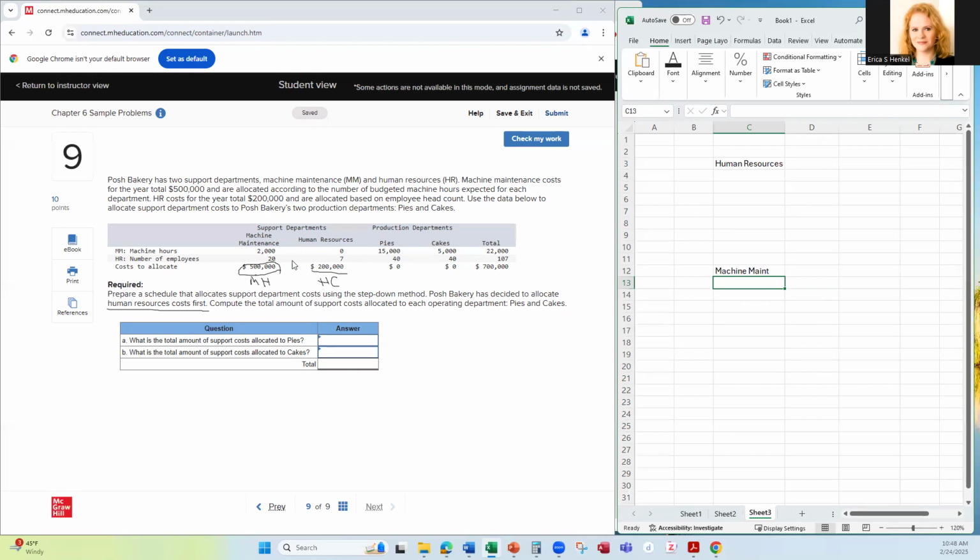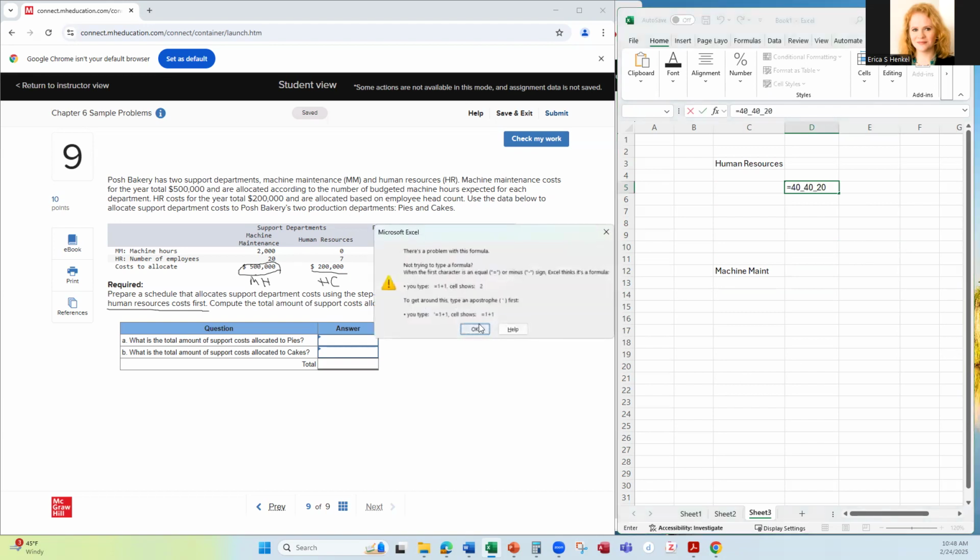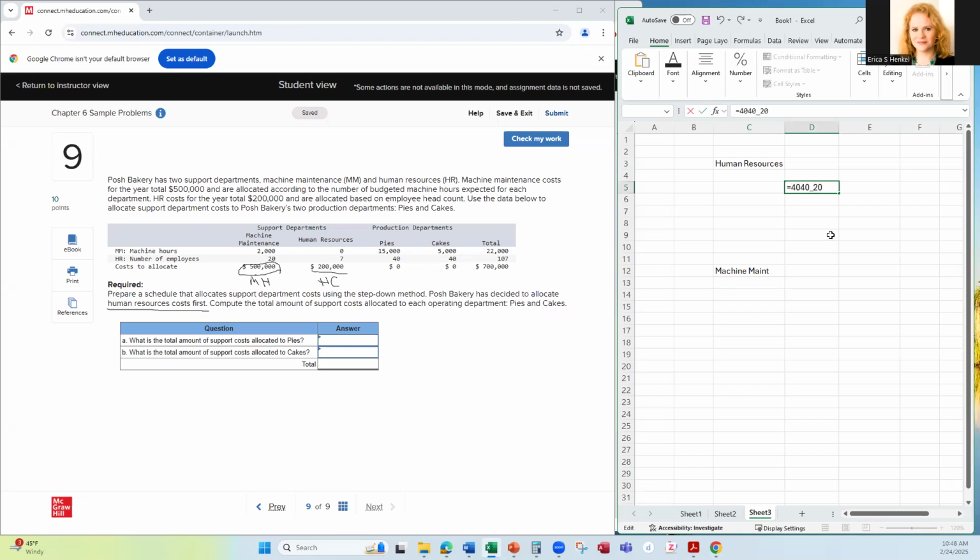So we're going to have a total of 40 plus 40 plus 20. And I typoed that. There we go. So 100 is the head count that we're distributing the human resources costs over.